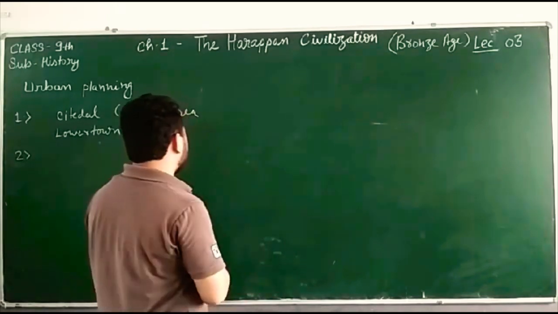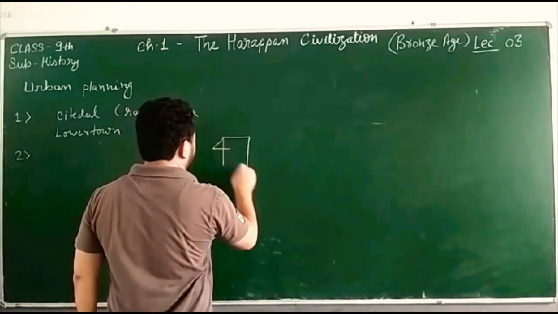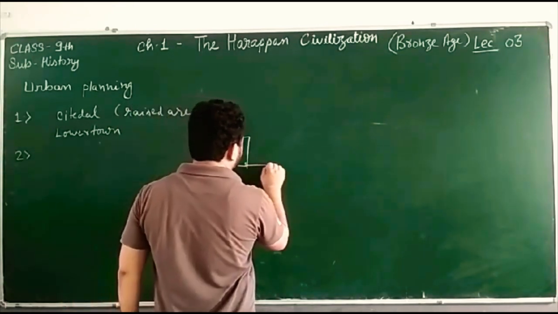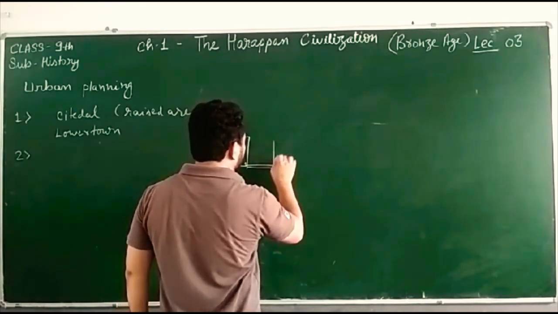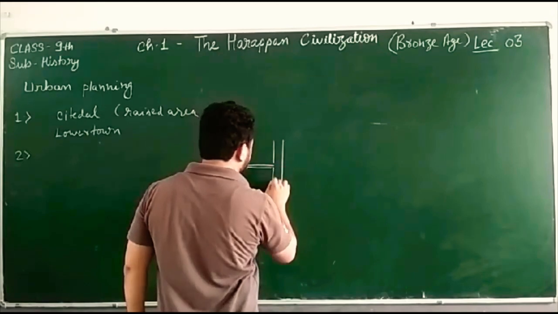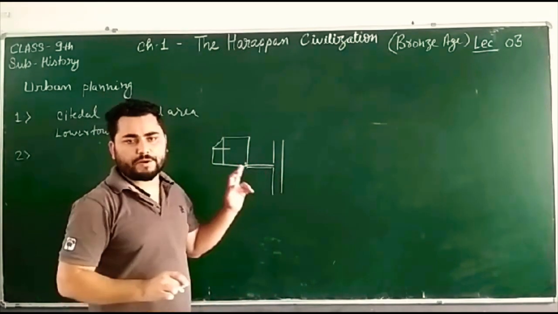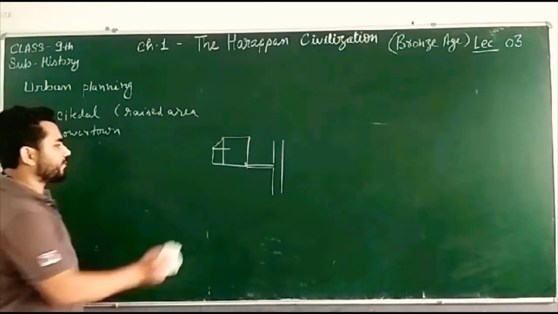So that type of system was there. Suppose this is a house, and this is the main drain here. The drain of this house was joined with the main drain. So they had a proper drainage system.